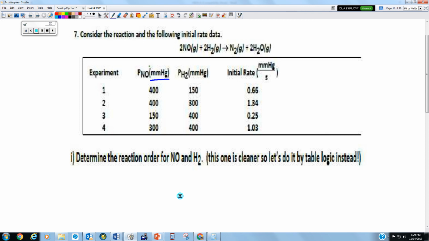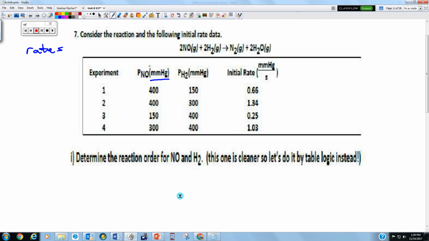One thing I will point out with pressure versus concentration: when we write our rate law and it's a pressure, we are not going to use brackets. We're going to use parentheses. No big deal, but some people will take off for that.